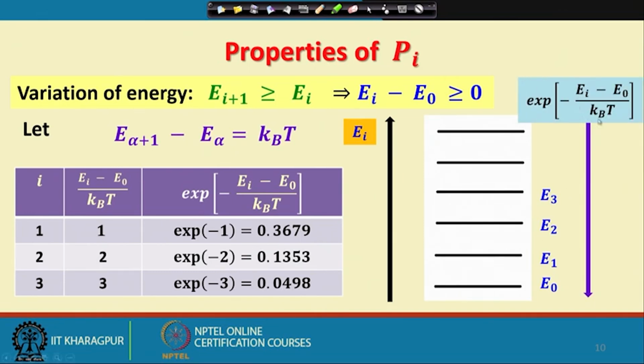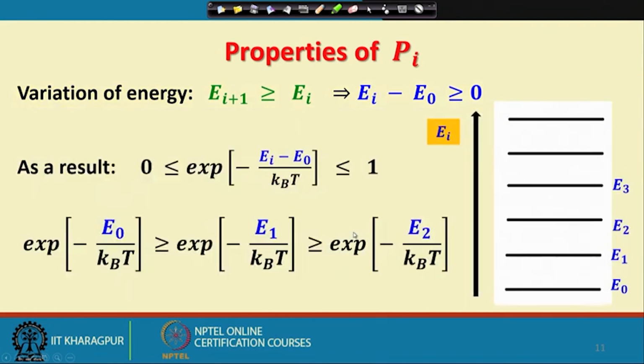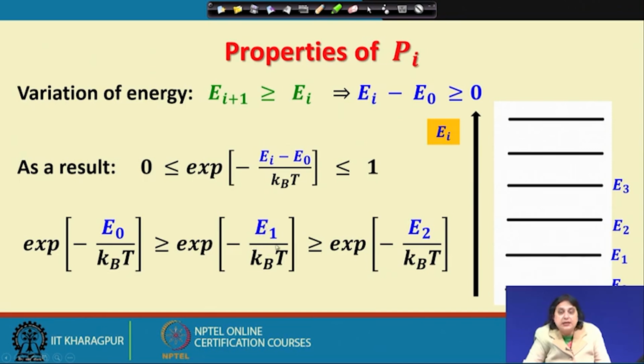This value increases as you go down in energy and it decreases as you go up in energy. The result of all these things is that I can very easily write down that e to the power of minus E_0 by kT will always be greater than or equal to e to the power of minus E_1 by kT and higher energies.